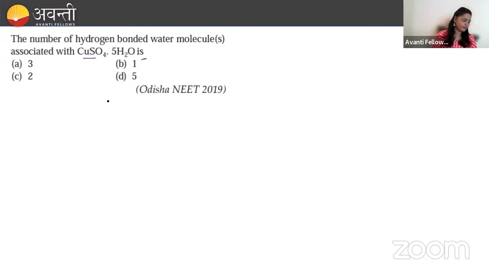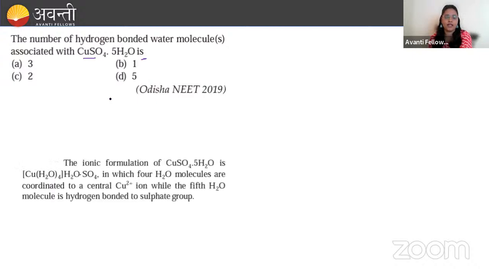See here, in the ionic formation of CuSO4·5H2O, 4 H2O molecules are coordinated to the central Cu2+ ion, while the 5th H2O molecule is hydrogen bonded to the sulfate group. So the number of hydrogen bonded water molecules associated with this is how much? 2, right? Any doubts in this?